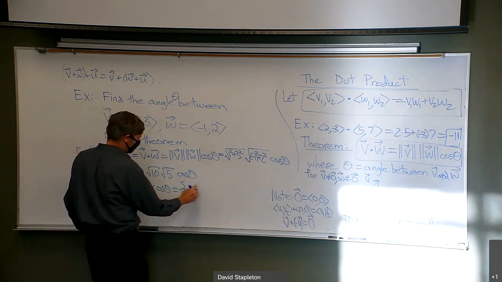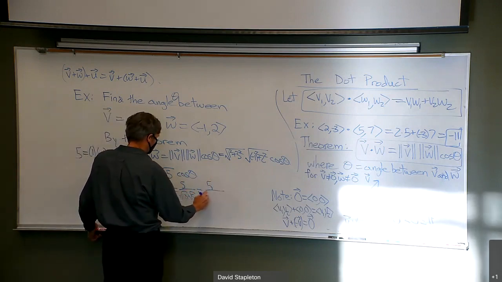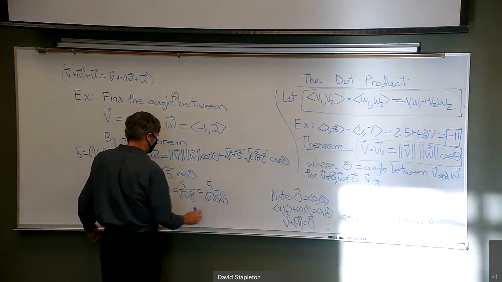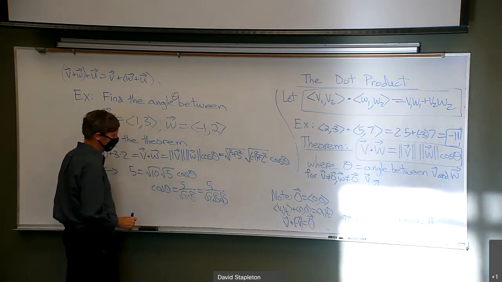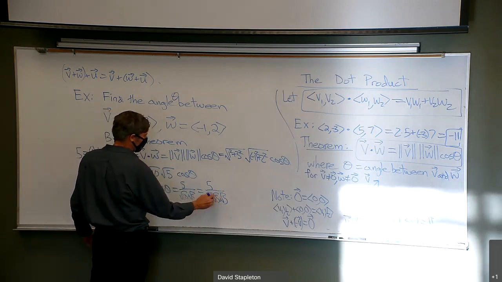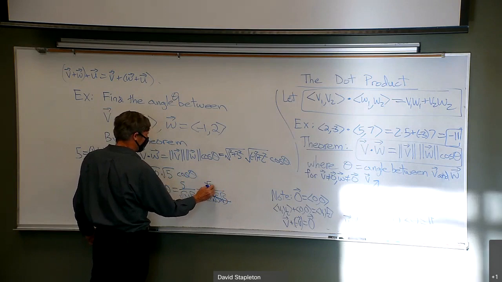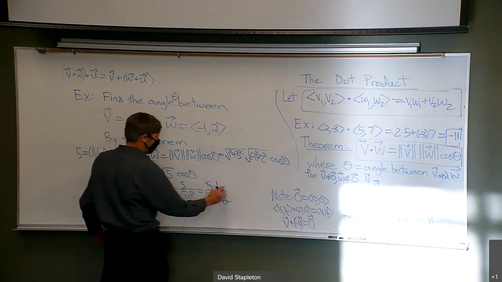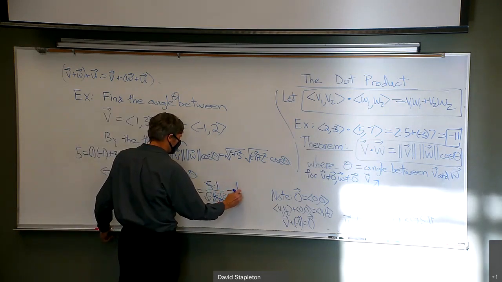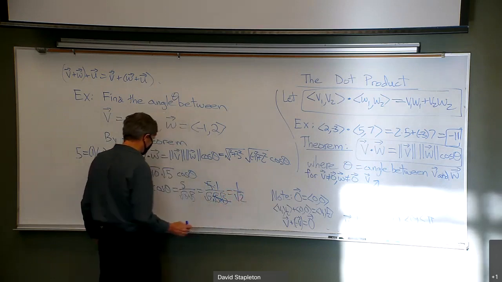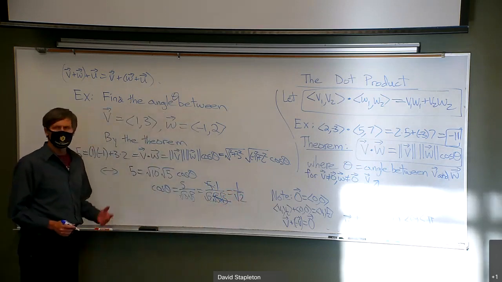Wait a minute, the bottom is now square root 2 square root 5 square root 5, if I just break up square root 10. And now square root 5 square root 5 is 5, cancels the 5 on top. And this is 1 over square root 2. Cosine theta equals 1 over square root 2.